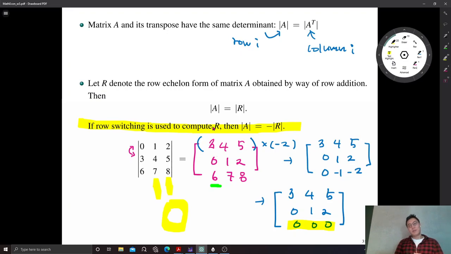If we use row switching twice, then it becomes positive because we have two negative signs. If we use row switching 3 times, then back to the negative sign, and so on. But row addition alone doesn't have any effect on the determinant. So even if we use row addition multiple times, the row echelon form and the original matrix have the same determinant.